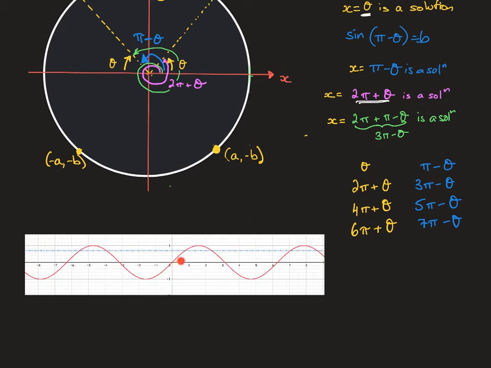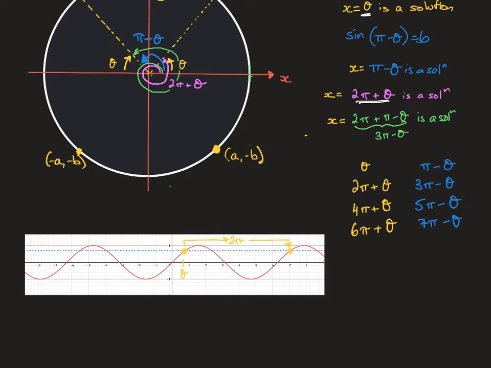Here on this graph, if this is our b value that we're trying to find, our y coordinate for the point, then we're looking for this first point here to be our first intersection point, theta, and then from there we move 2 pi when we go around a circle, and we end up at the same point on the graph one period later.